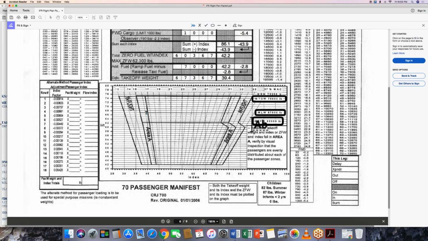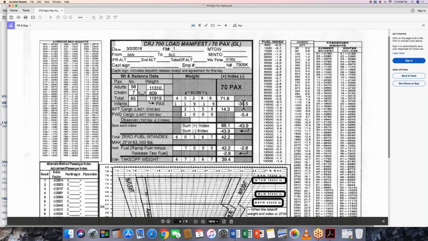So basically what it says here is when takeoff weight and index or zero fuel weight and index fall in area A, which this falls in area A, verify by visual inspection that all passengers are evenly distributed about each of the passenger zones. So this is when you take a few out of the front seat and put them in the back? Yeah. Or we could take the 1,000 pounds of cargo out of here and move it to the aft cargo.